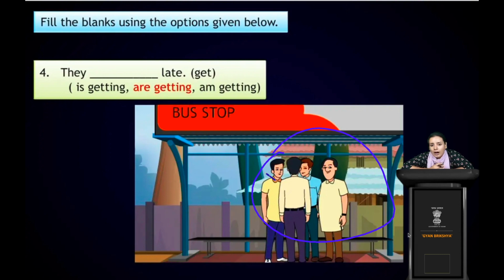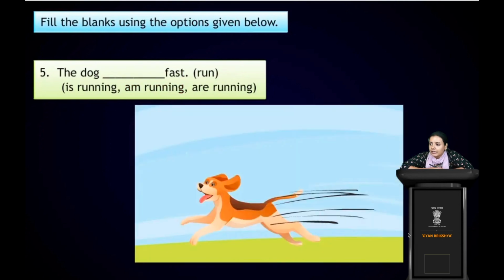Get is the verb, we have to use ing, so get plus ing, getting, and it's in plural form, so they are getting late. Clear?